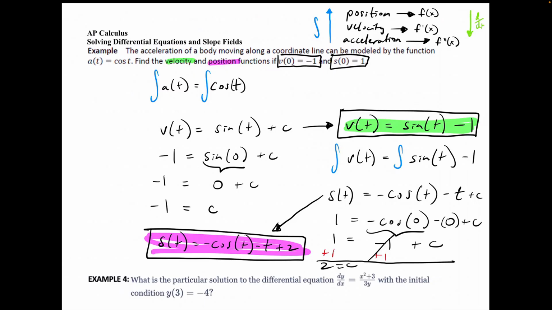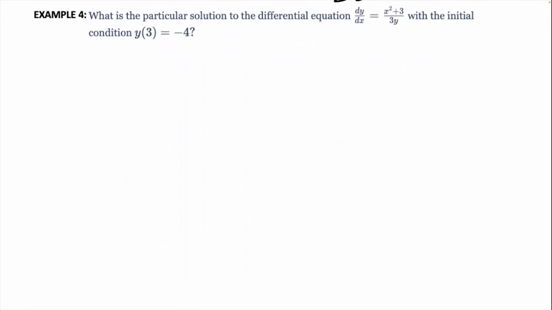Let's do the next one. What is the particular solution to the differential equation dy over dx equals x squared plus 3 all divided by 3y, with an initial condition of y of 3 equals -4? Okay, so what was step 1?